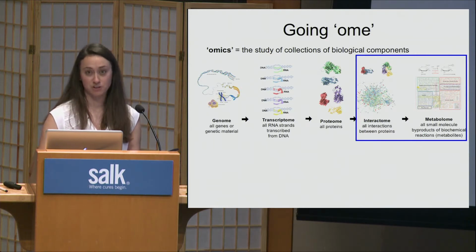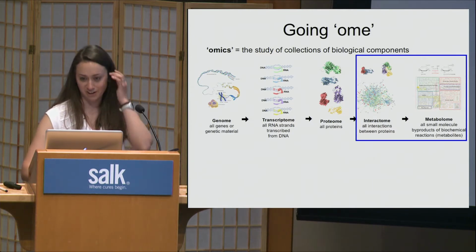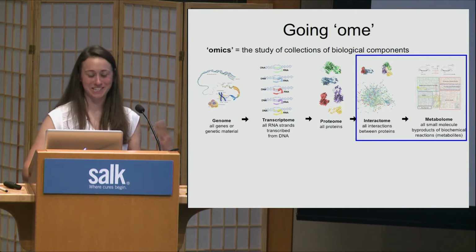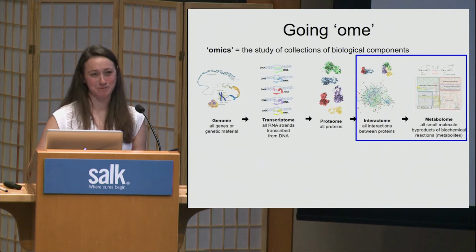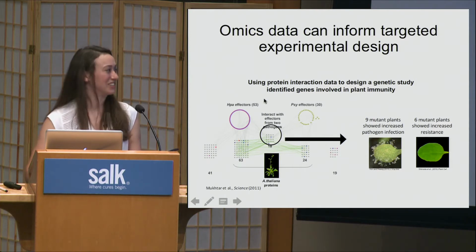But first I want to show you a couple of examples that demonstrate why the systems biology perspective can tell us a lot about biology. Okay, so in this example, done by Mukhtar et al.